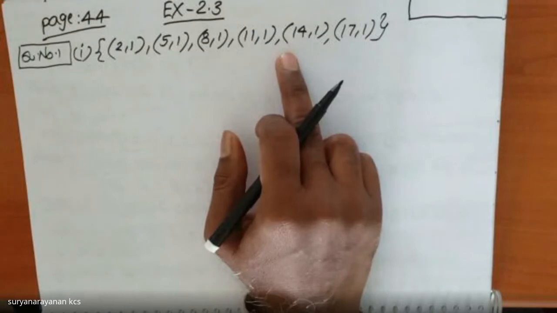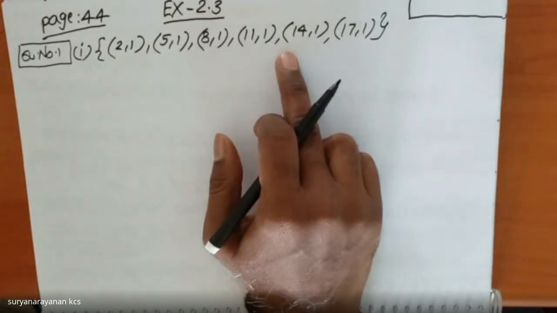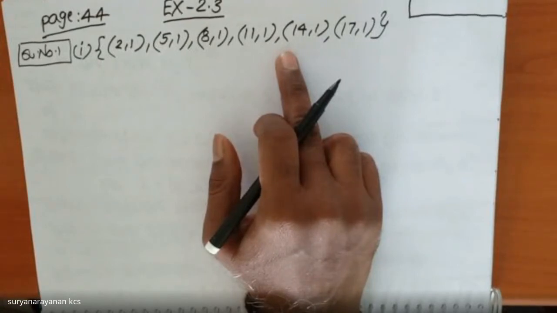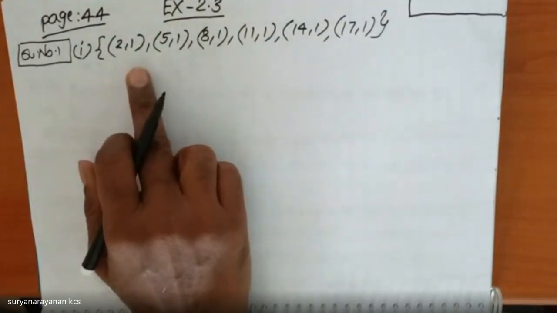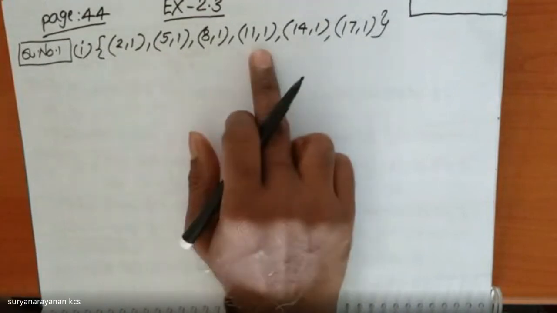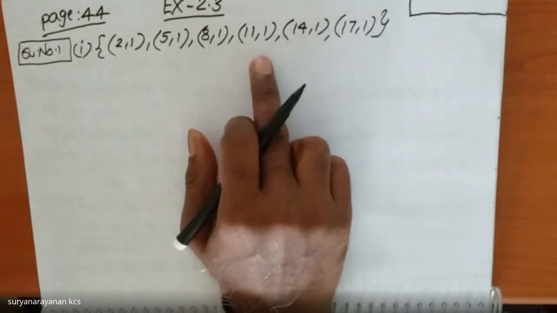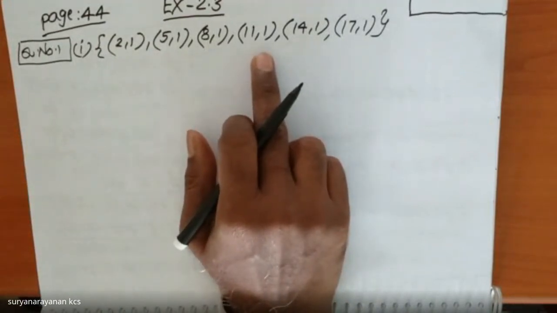Unique images. Yes. But here we have not shown this relation in the arrow diagram.